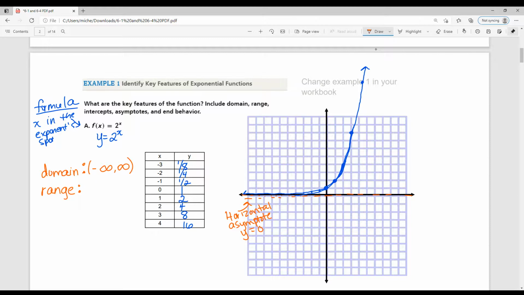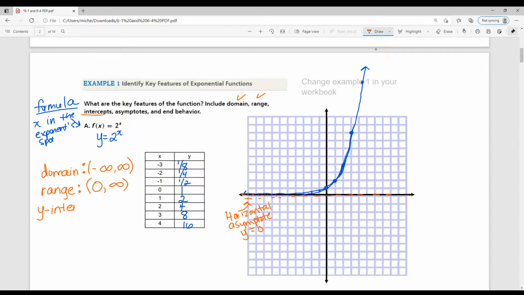So my range goes from y equals 0 until infinity. So range would be from 0 to infinity, parentheses on the infinity, parentheses on 0 because the graph never touches the 0. It looks like it's getting really close, but it never actually touches.